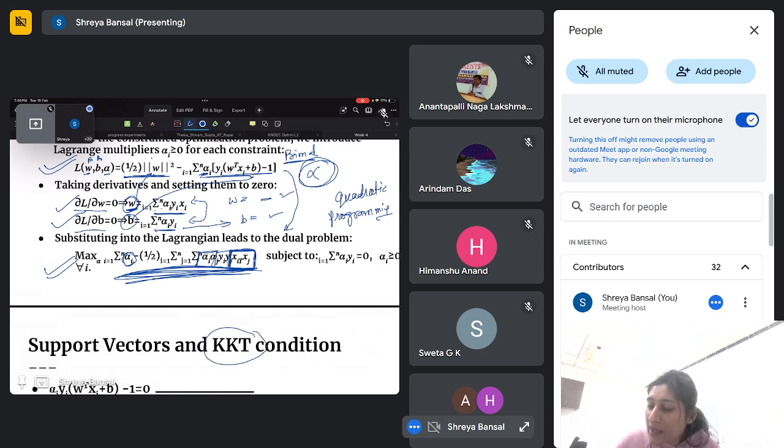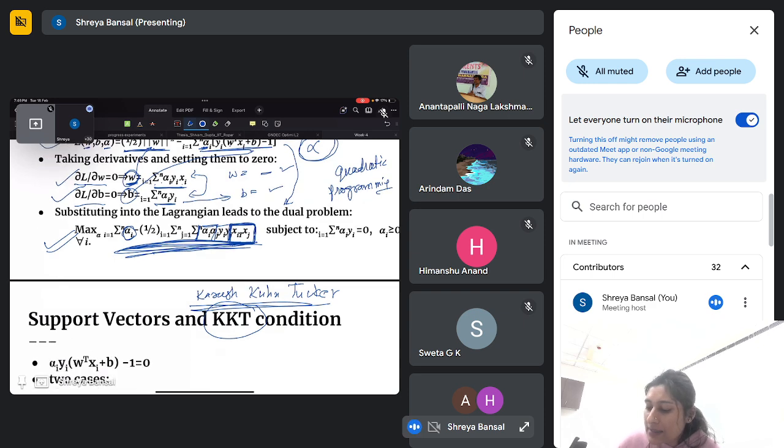Basically, when you are using this Lagrange dual problem, there are some conditions, called Karush-Kuhn-Tucker. They define some conditions that should be satisfied. From those conditions, it is written that this value should be equal to 0.